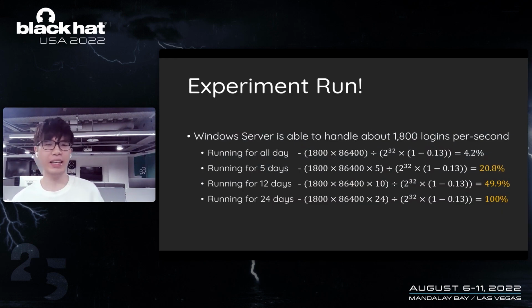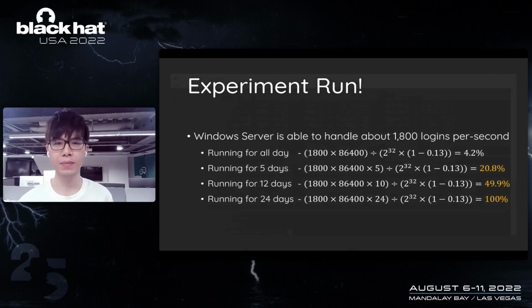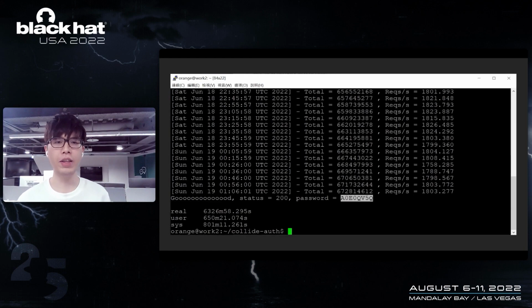You can also run it for longer: 5 days for 20%, 12 days for 50%, and running for 24 days can get 100%. We have reproduced this in our lab environment and can get a password in about 5 days.